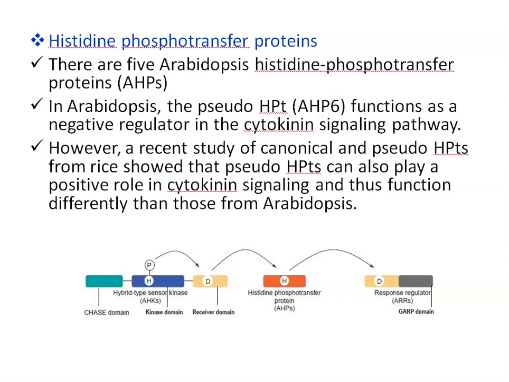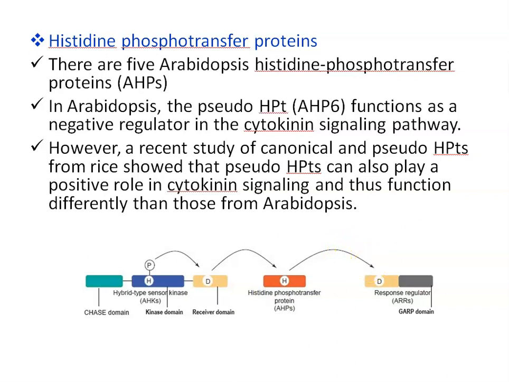Next type of protein in the signaling chain are histidine phosphotransfer proteins, right? Histidine phosphotransfer proteins is to relay the signal. Just look at this diagram, this red in color. Histidine phosphotransfer proteins, AHPs, is to relay the signal, right?